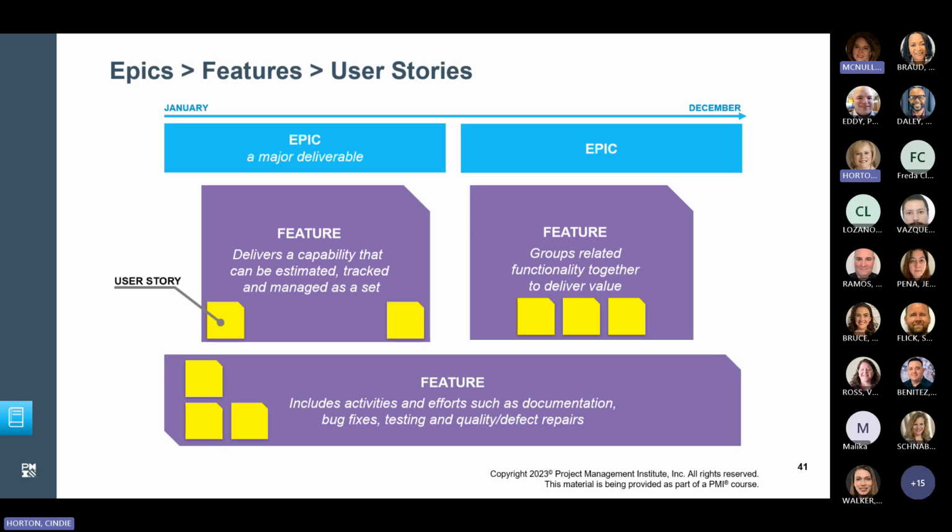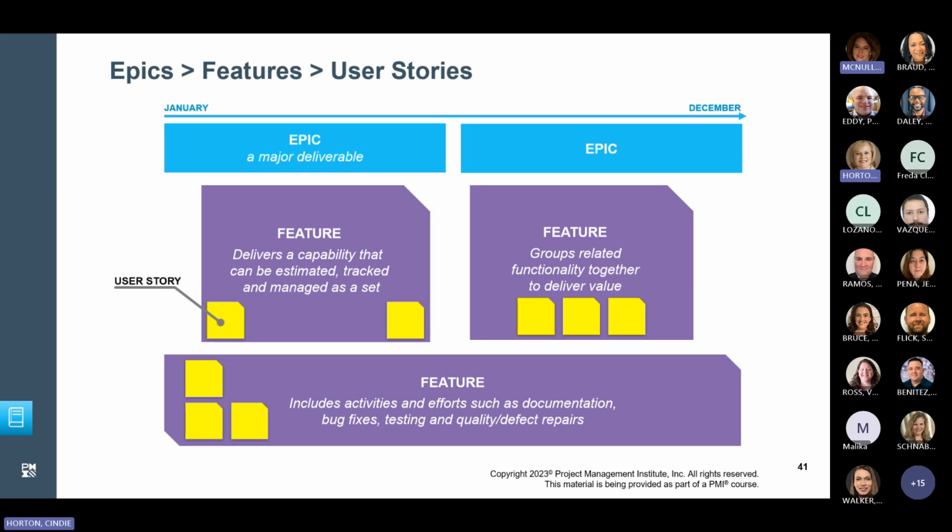Features are a set of related requirements that allow the user to satisfy a business objective need, in other words, to deliver business value. A feature represents the activities and efforts, including work such as documentation, bug fixes, testing, quality defect repairs to correct current functionality, in order to deliver capability that can be estimated, tracked, and managed as a set, as a unit.